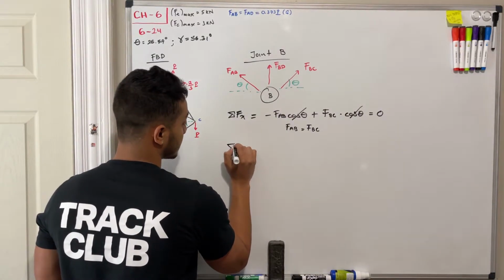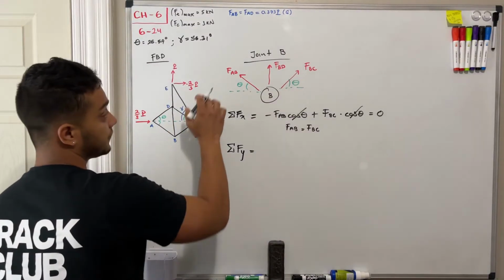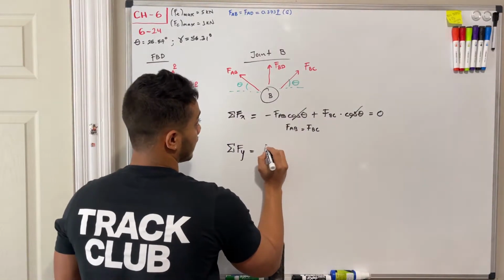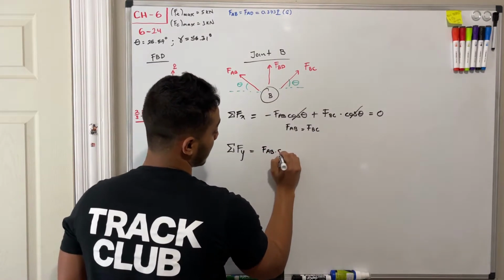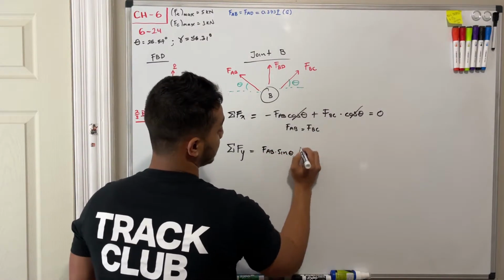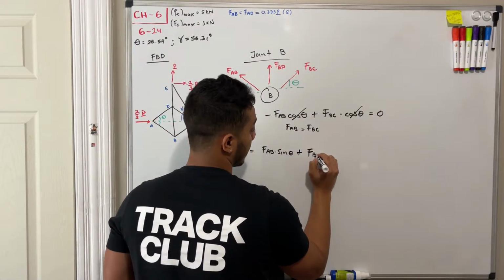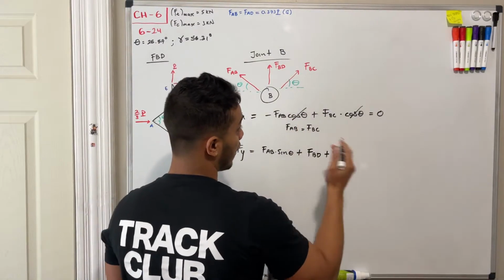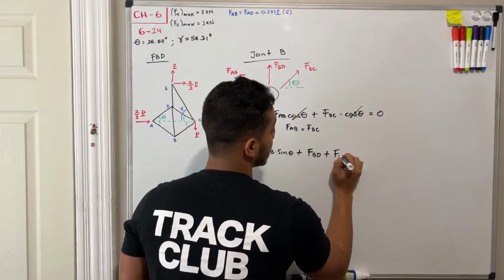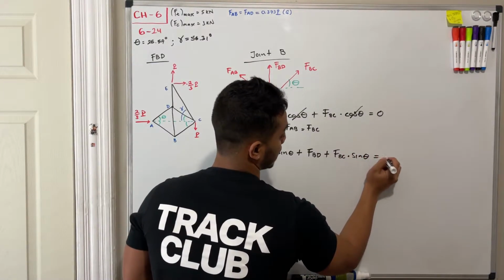Last, we're going to do the summation of forces in the y direction. What do we have? I got the positive y component of FAB, so FAB multiplied by the sine of theta, plus FBD, plus the same y component of FBC, so times sine of theta, should be equal to 0.